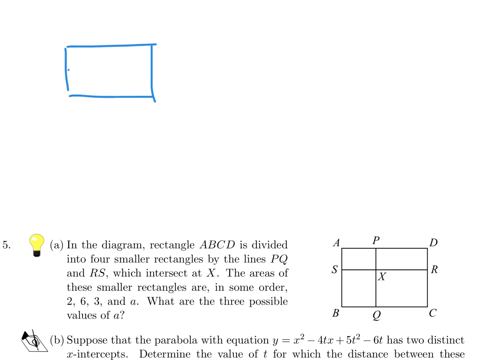So the first distribution I will do is, I'll put 2 here, a here, 3 and 6.